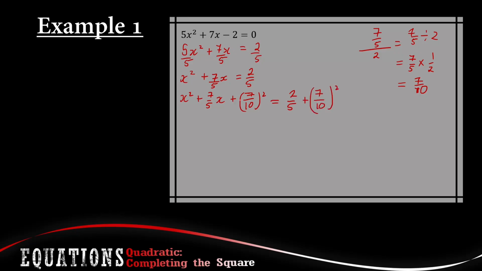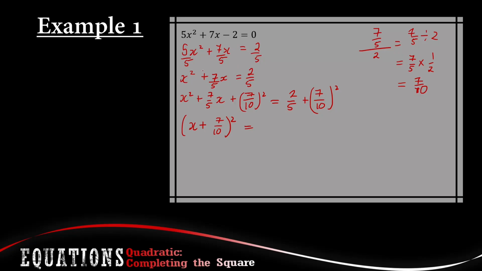Now we can start simplifying. This is in its standard form, and now we can put it in its factored form by writing this x over here, this sign, and whatever's inside that square bracket, which is just 7 over 10, all squared. On this side we can simplify using the calculator.